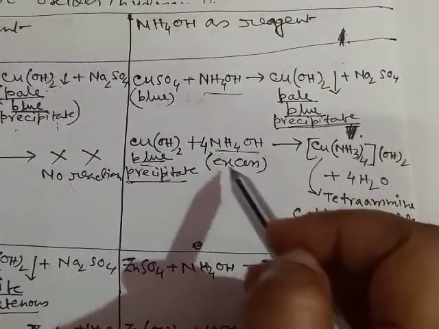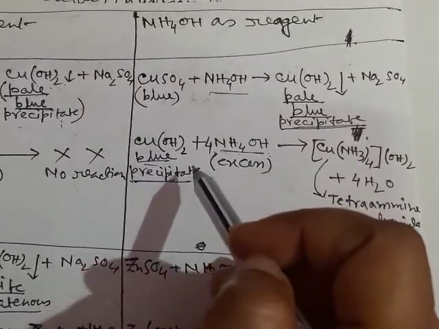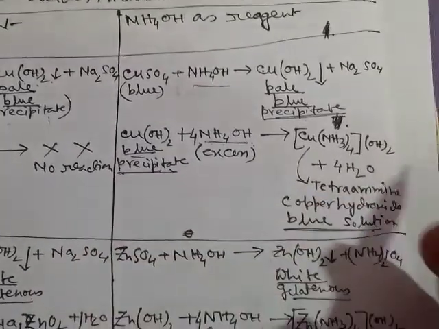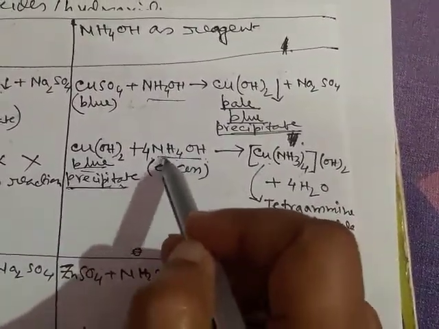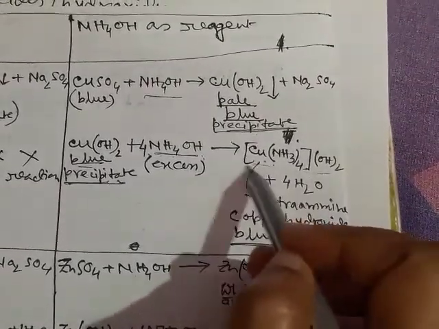More and more addition of ammonium hydroxide results in the dissolving of the precipitate, because in the presence of excess ammonium hydroxide, there will be formation of a complex ion.